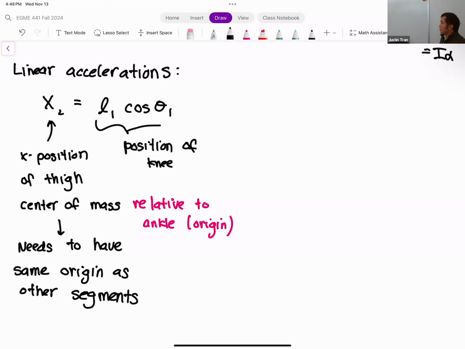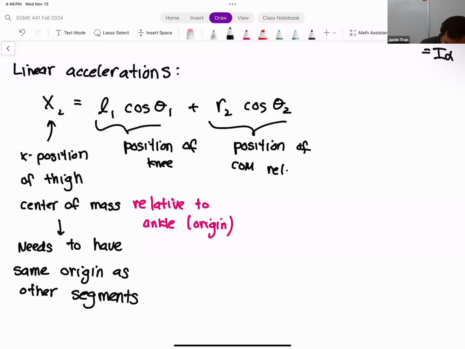And then to that, we're going to add the relative position of the center of mass relative to the knee joint itself, so we're going to have a plus R2 cosine theta 2. So we have two terms here for the position of the center of mass of the thigh.